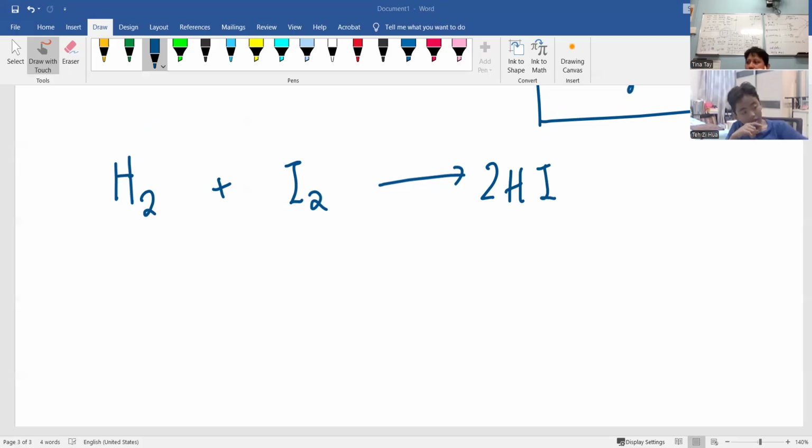Do you remember what I taught you last week about activation energy? Remember the activation energy? So hydrogen molecule and iodine molecule, in order for them to react, they have to first break bonds or form bonds.